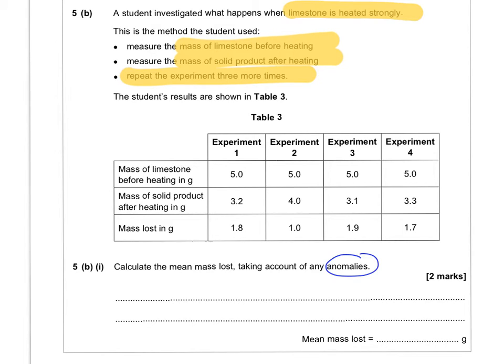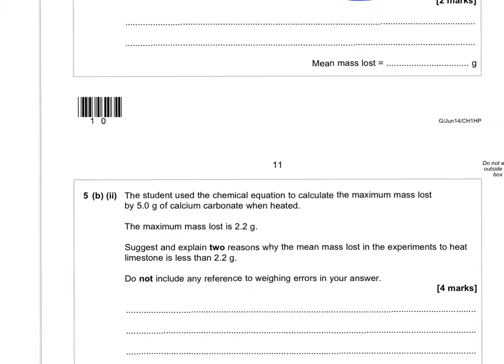Now we know from ICES we exclude anomalies. So mean mass lost. Okay, we've got these values at the bottom, so we need to read carefully. This is the mass loss. So these are the values we're going to use. We're going to look through. If it says taking account of any anomalies, even if it doesn't, to be honest, we're going to look for them. But that's given us a massive clue, so we're going to exclude this one, which is our anomaly, and then we're going to work out the mean of the others. Fairly straightforward.